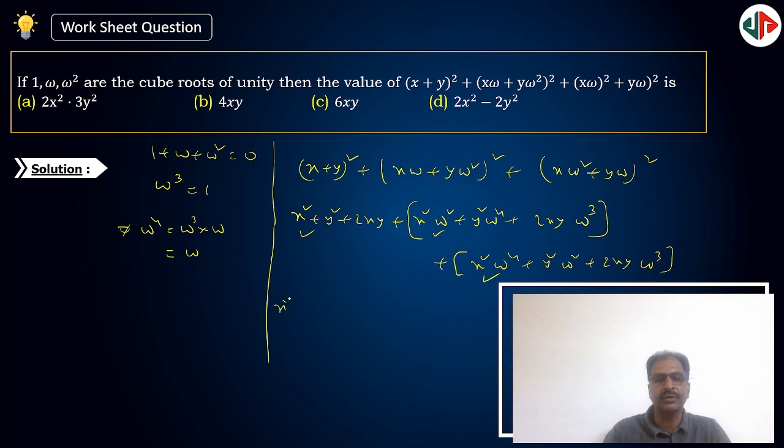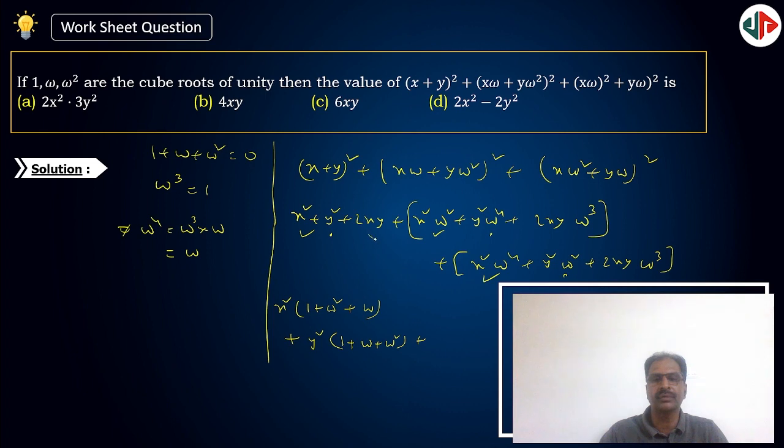If I take x square common, then I get 1 here, omega square there, omega power 4 is omega. Similarly, take y square common from these three terms. Again, I get 1, omega power 4 is omega, omega square.